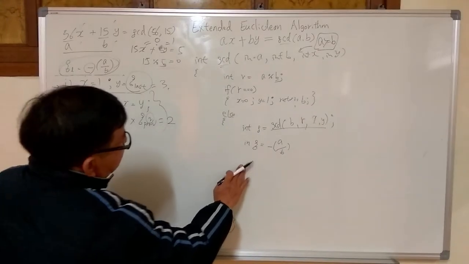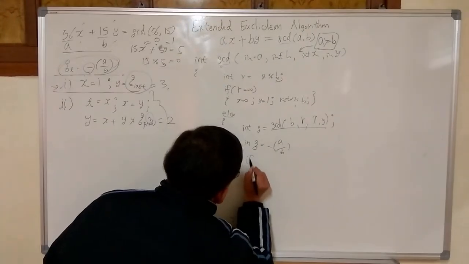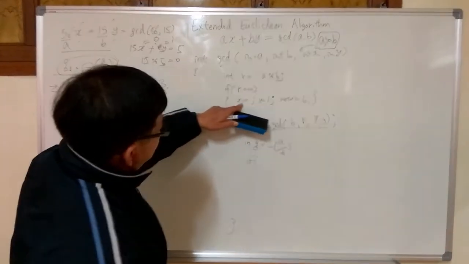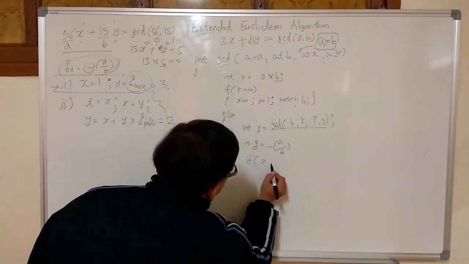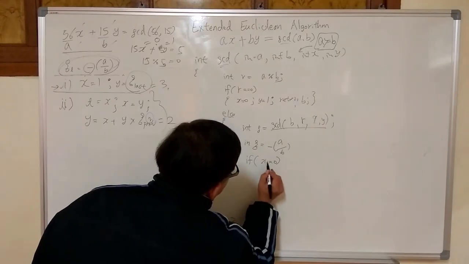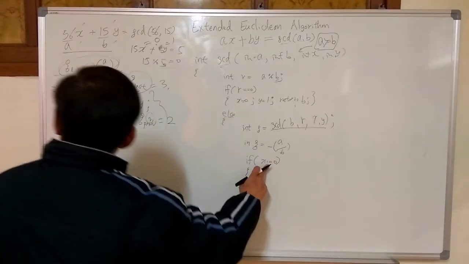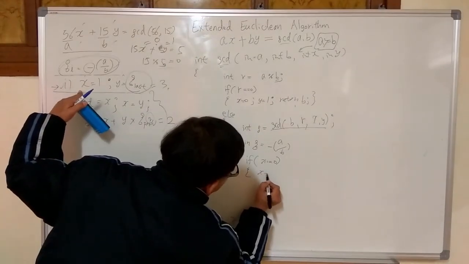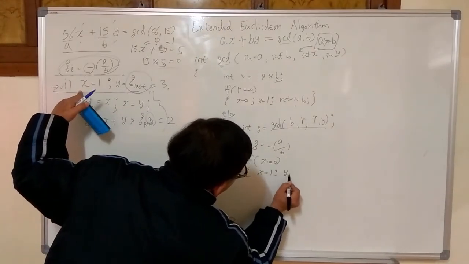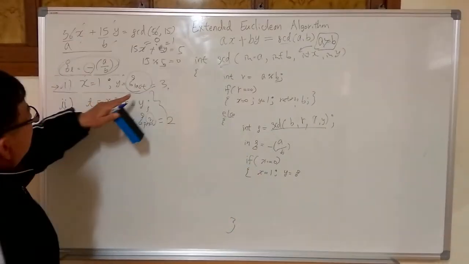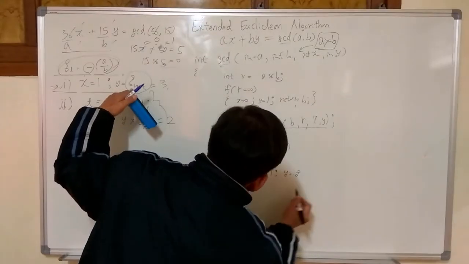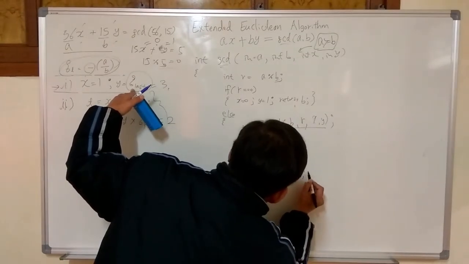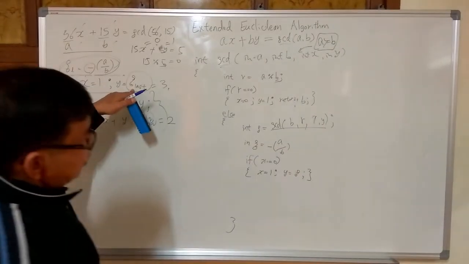Then at this stage, if x is 0, base case, if x equals 0, it means this is the initial state. We should set x equals 1, y equals q, then it's done.